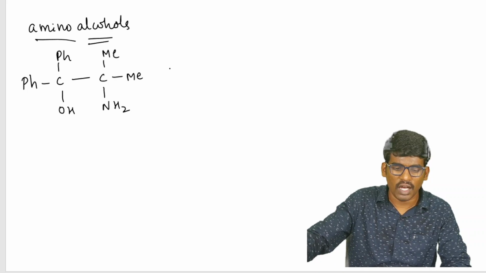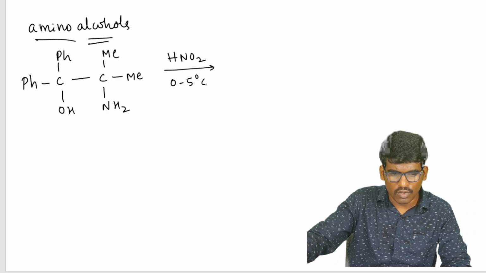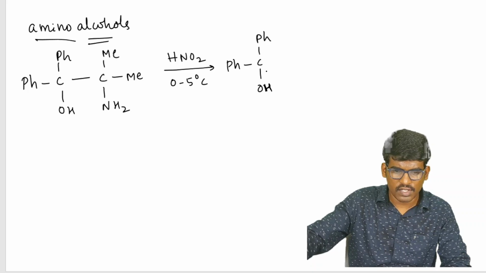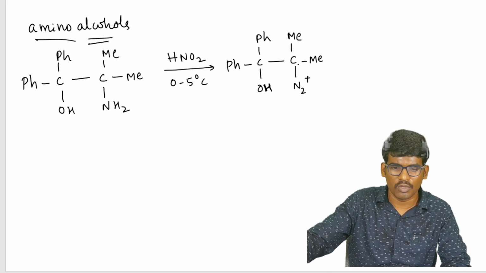That's why it is called an amino alcohol. But we need to do diazotization with nitrous acid at 0 to 5 degrees Celsius. Then the NH2 group can be changed into, can you guess it? It is going to change into diazonium, right? N2 plus is going to be obtained.